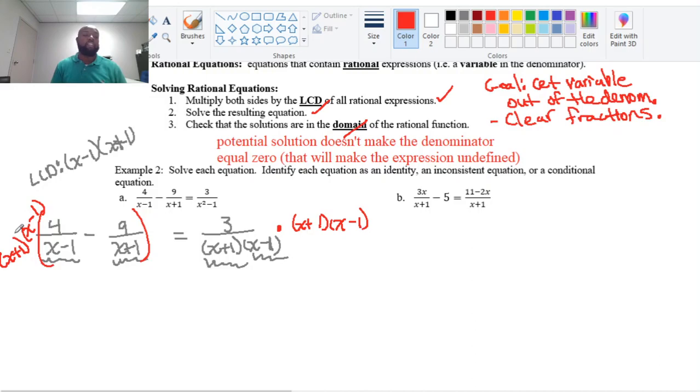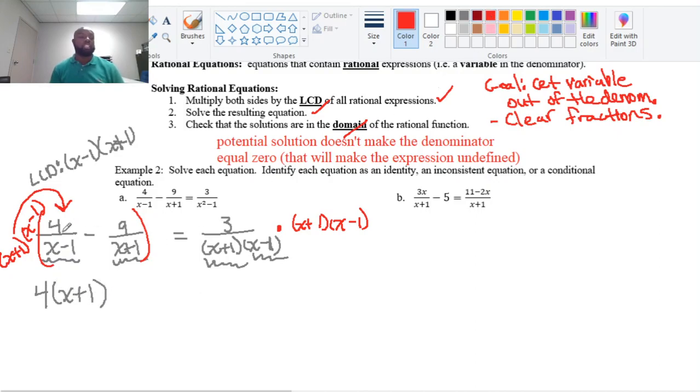When I do it to the left-hand side, I have to use my distributive property. Now look what happens. This is a 4 over x minus 1. I'm going to multiply this by x plus 1 times x minus 1. It's going to sit on that numerator with that 4 there, so it's going to be 4 times x plus 1 times x minus 1. Well, the x minus 1s are going to cancel, so we're just going to have 4 times x plus 1.